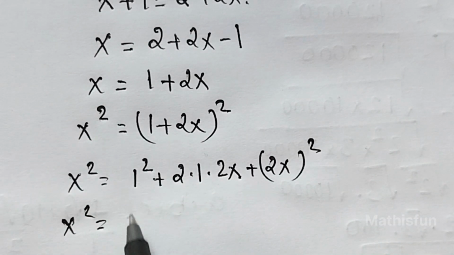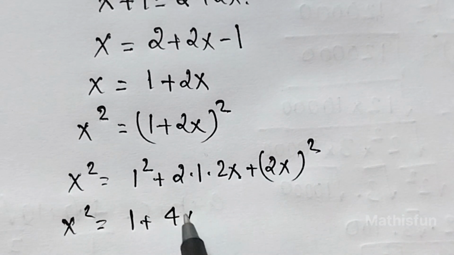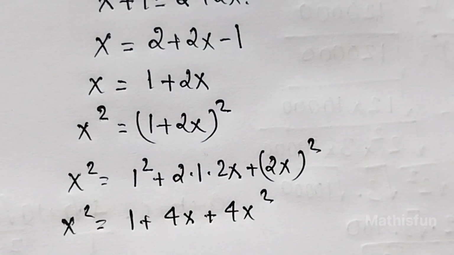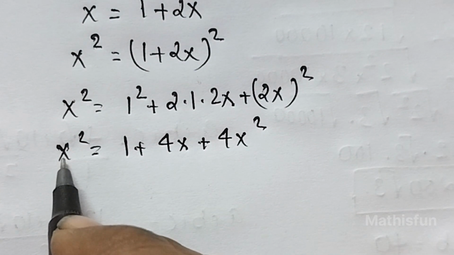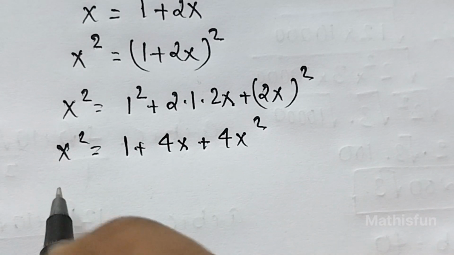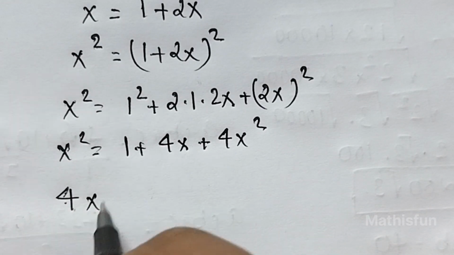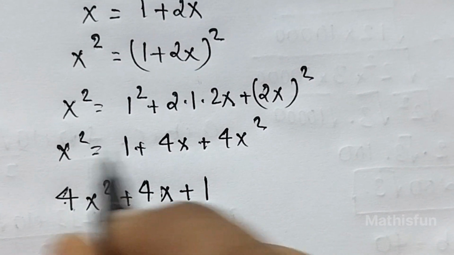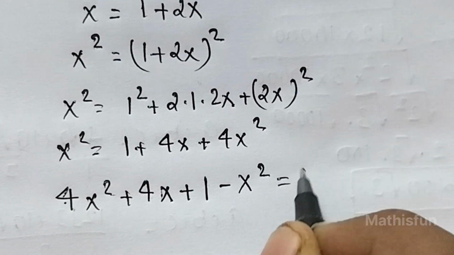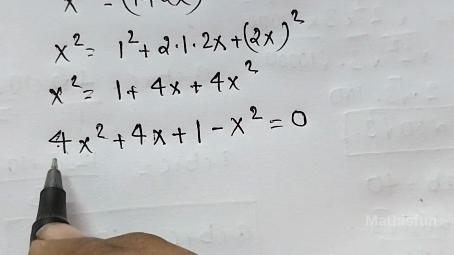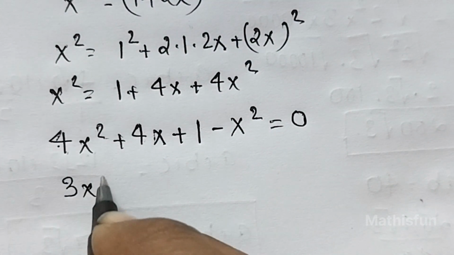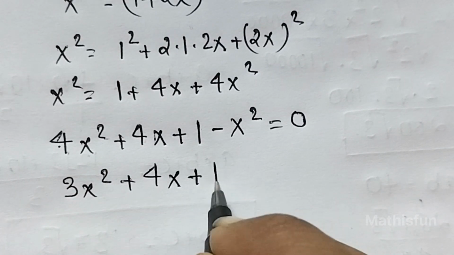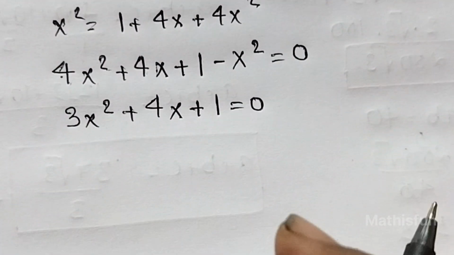So this becomes x squared = 1 + 4x + 4x squared. Now we will take this x squared to this side. So this becomes 4x squared + 4x + 1, and minus x squared is equal to 0. So this becomes 3x squared + 4x + 1 = 0.